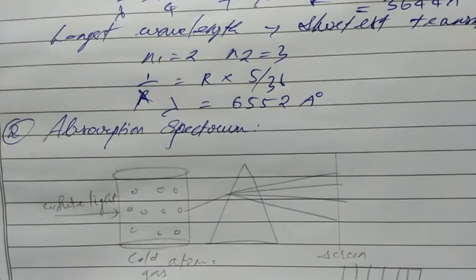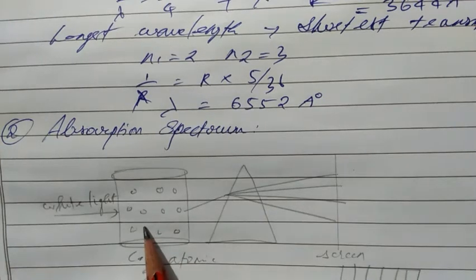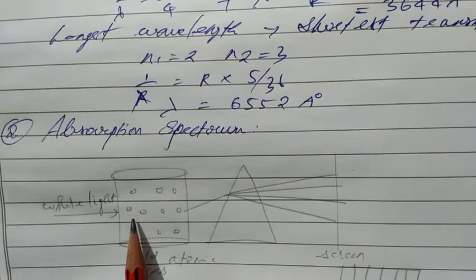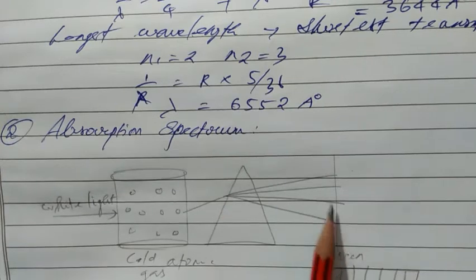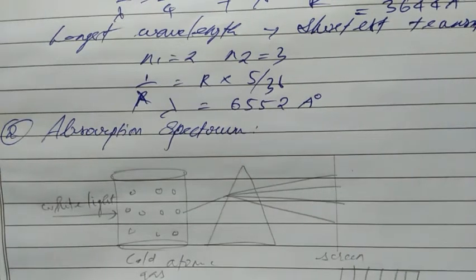The white light passes through the atomic gas and hits the prism. The gas absorbs some frequencies or wavelengths of light which are exactly equal to the spectrum released in the emission spectrum.